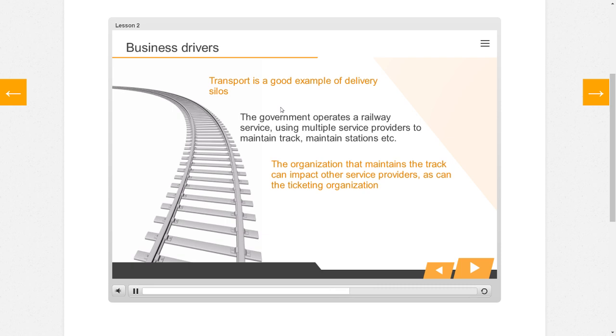If the train operators don't work with the ticketing organization, passengers might be charged the wrong price or sold tickets for trains that don't exist. The government and the public want a seamless end-to-end service. Introducing a service integrator would help to break down the silos, encouraging the service providers to work together and improve the overall service.